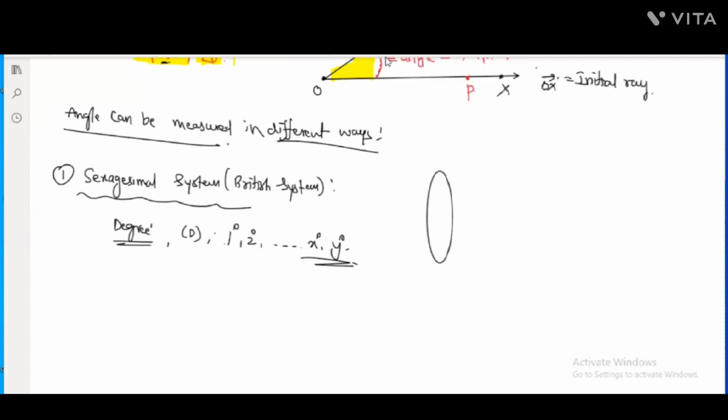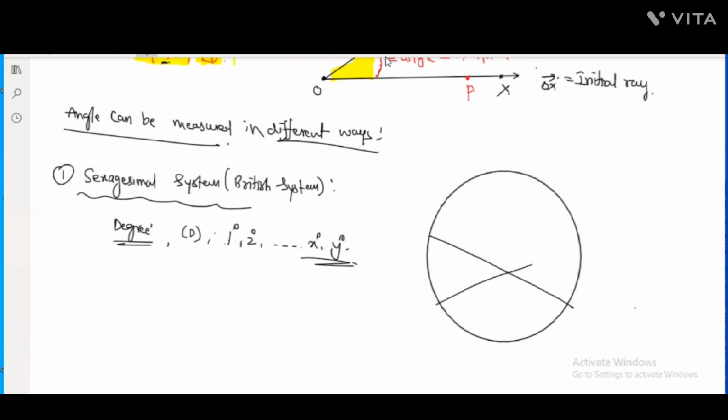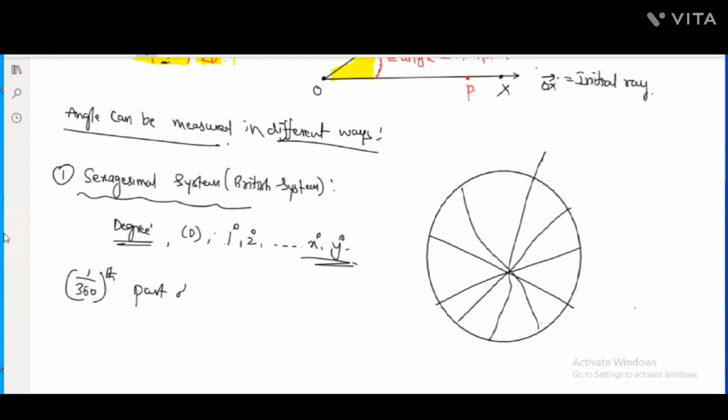If you take a circle, it can be divided into 360 equal parts. 1 by 360th part of a complete rotation of a rotating ray is called a degree.